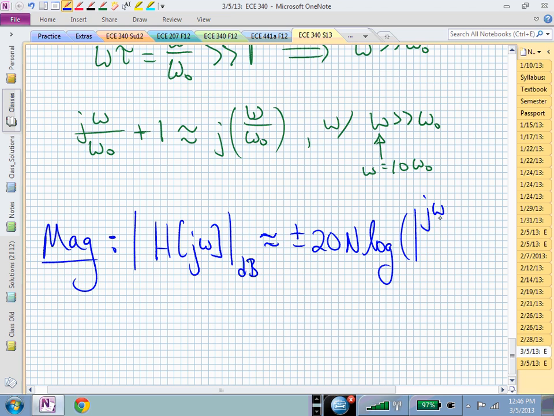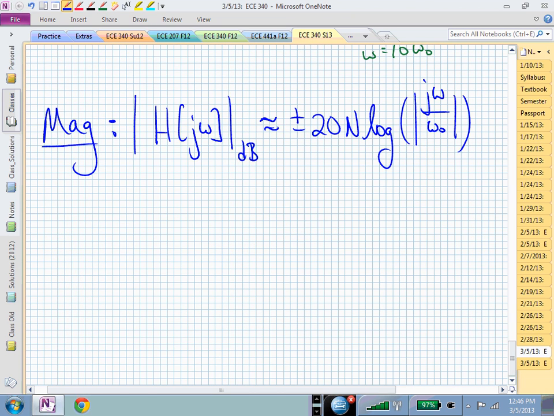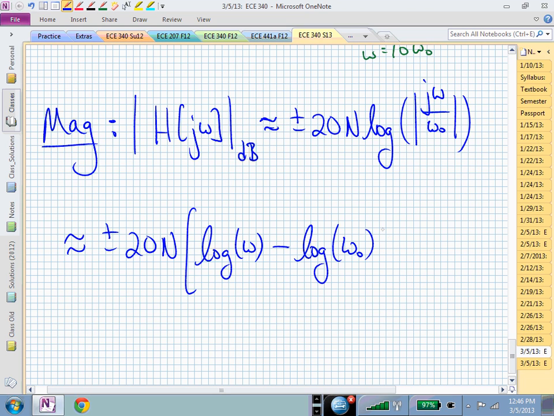Now we have this j omega over omega naught, or we're simply looking at the imaginary part of that. The j doesn't impact our absolute value. This is now approximately plus and minus 20n, and we can break up that division by subtraction since we're doing the logarithm. We have the log of the numerator minus the log of the denominator factor.